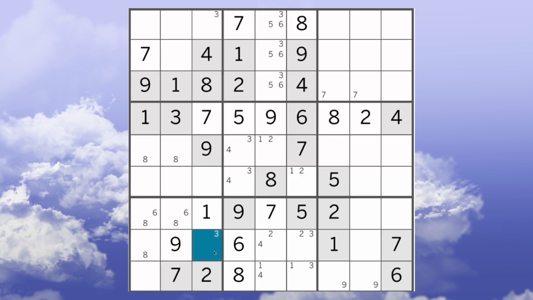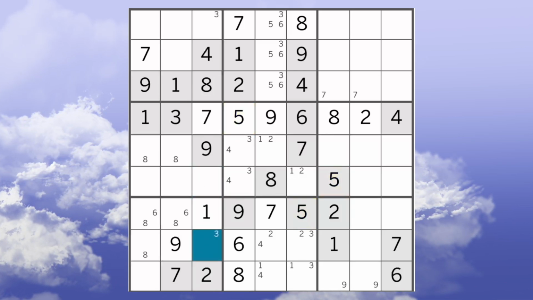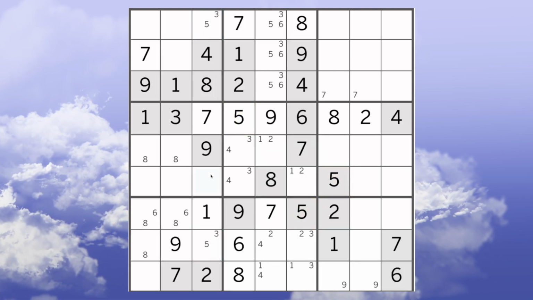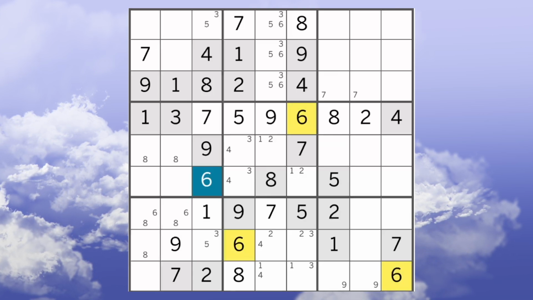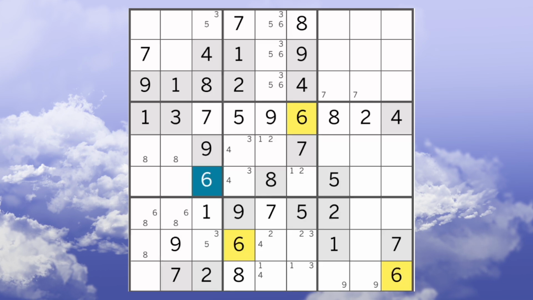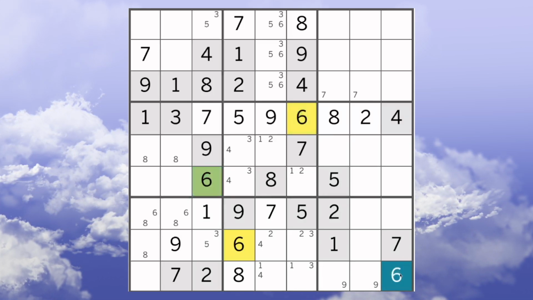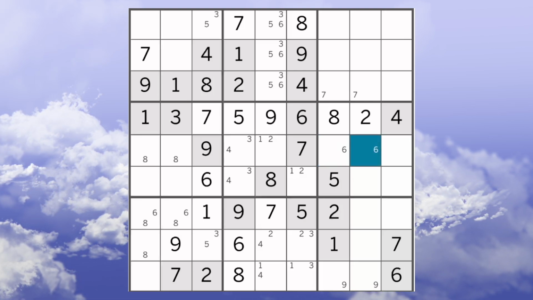That one has to be a 6. So these 3 6s make the 6 have to be there.